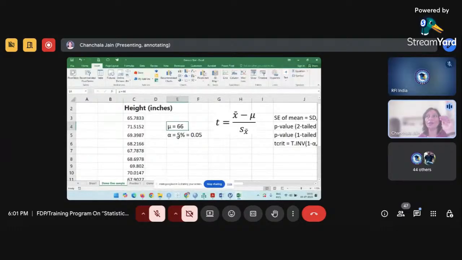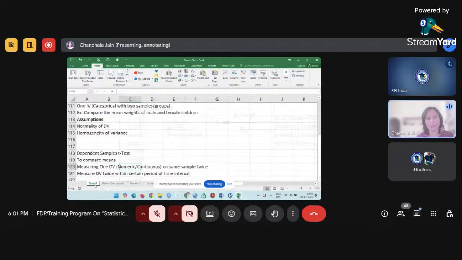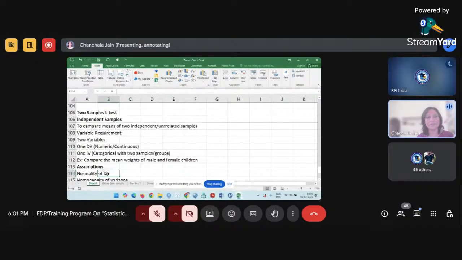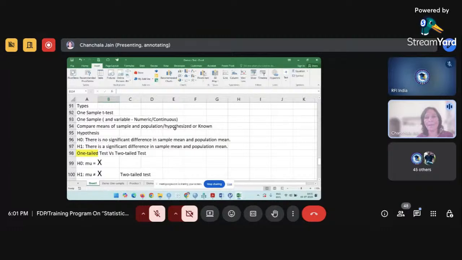But if you do not have complete knowledge about your population, you need to assume it. As I have already mentioned in the Excel sheet, you need to compare the sample mean with the hypothesized population mean or the known population mean. If the population is known, the mean will be easily available. If it is not available, you need to assume what the population mean can be.